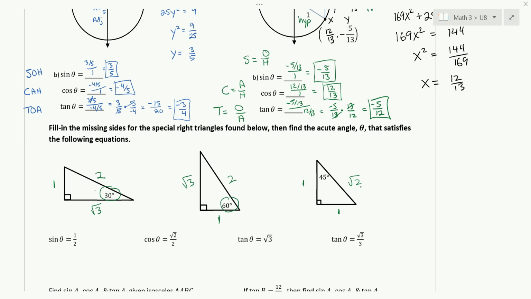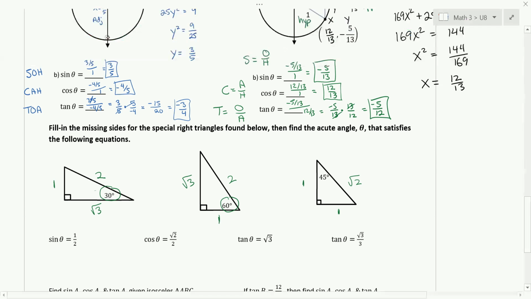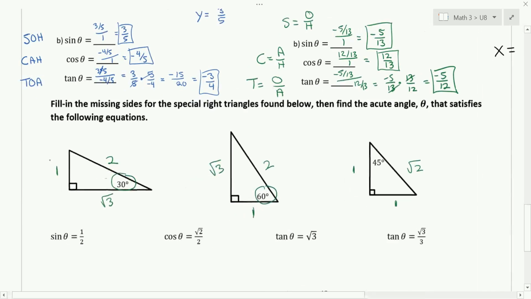Now we want to find the angle that satisfies the following equations. And you only have to do this for these triangles. So there's only 3 possible answers. Your answer to these equations is either going to be 30 degrees, 60 degrees, or 45 degrees. Okay? And so it may be helpful at first just to write in, okay, this side will be opposite the 30.